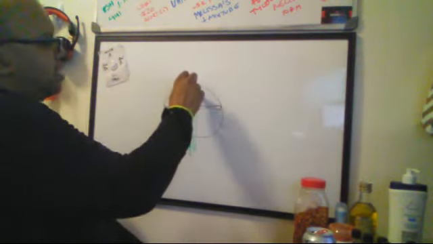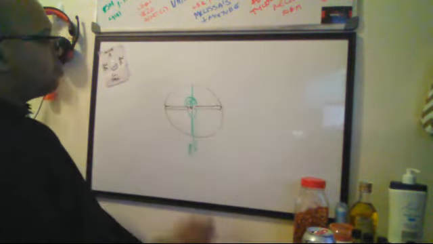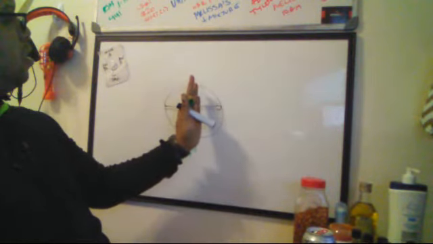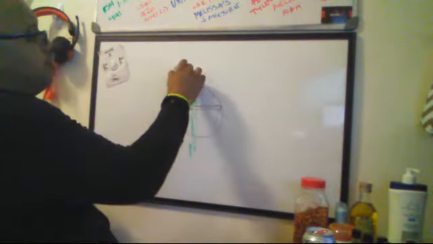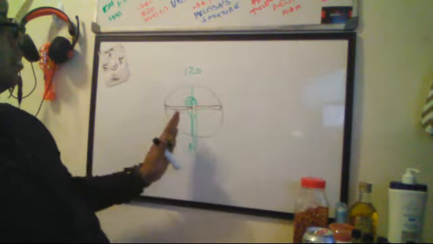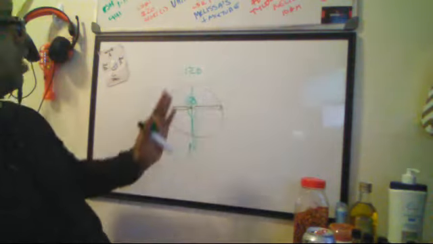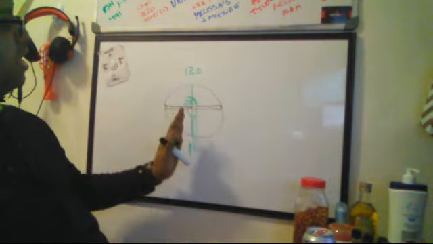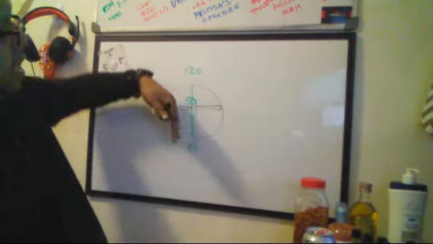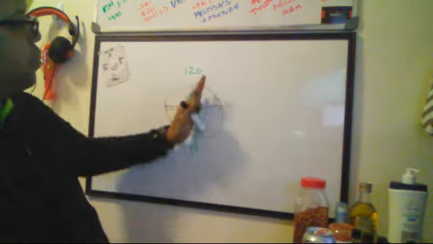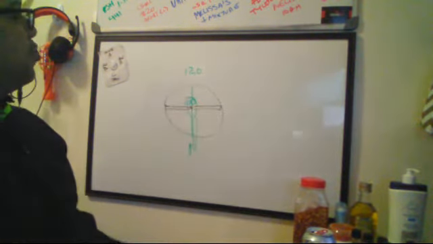Now, we split this main rotor disc in half, and we have an advancing side. Let's say we're moving forward at 120 knots. Well, the whole aircraft is moving at 120 knots, but if we think about this hub as being the aircraft and it's moving 120 knots, as the main rotor swings forward, it actually moves faster.